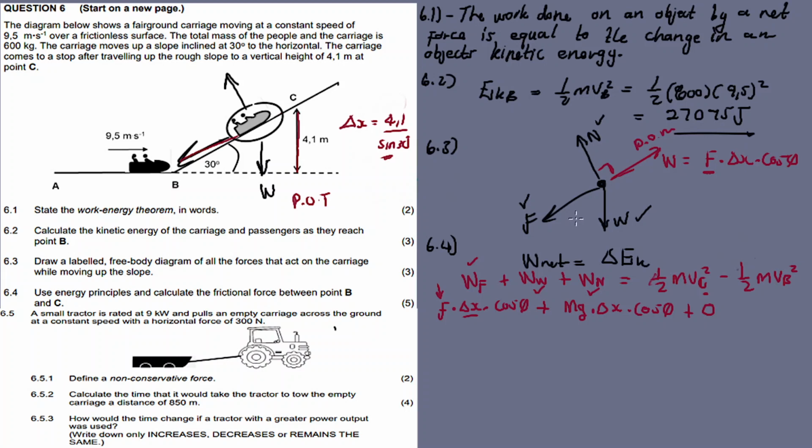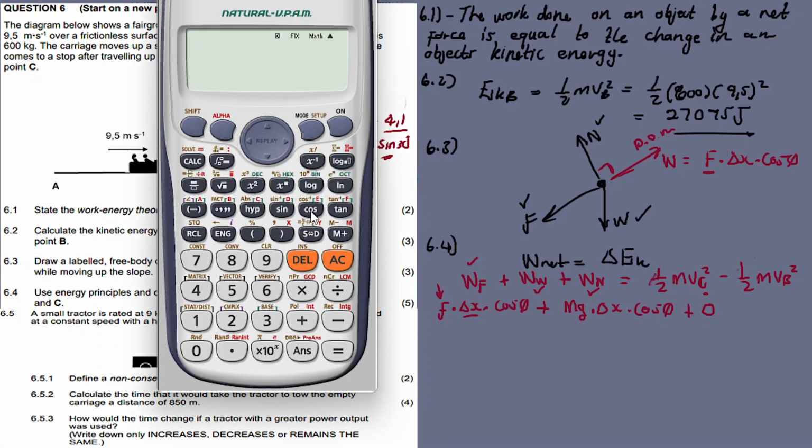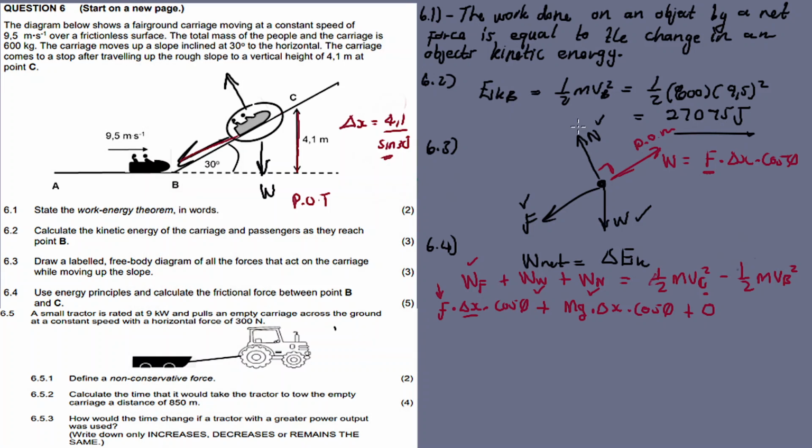The angle from the direction of motion to the normal force is what? It's 90 degrees. If theta is 90 degrees, kule formula yakho, cos 90 degrees is equal to 0. If your cos is 90 degrees, this whole thing yoba 0.